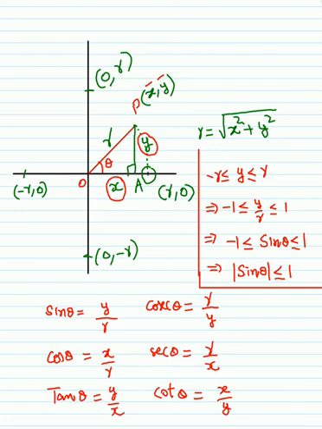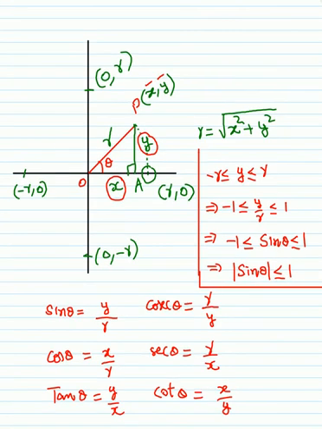Similarly, we can do the same for cos theta also. Why? Because the maximum possibility is minus r less than or equal to x less than or equal to r.